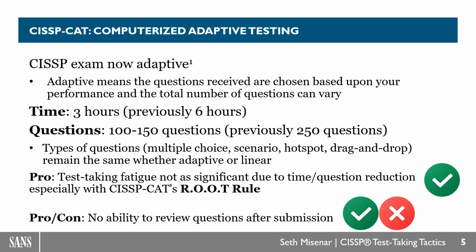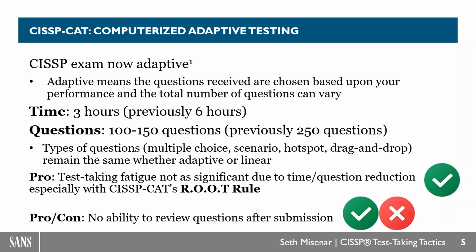Well, just at a basic level, ISC² characterizes the CISSP as being either adaptive or linear. So the old school format was, hey, here's 250 questions, and it was computer-based right before becoming adaptive, but it was still linear. So everyone got 250 questions no matter what, and everyone was allowed 6 hours to take those 250 questions.